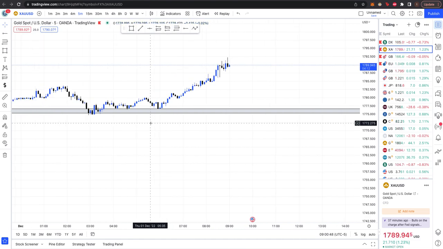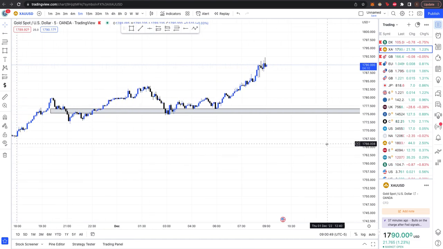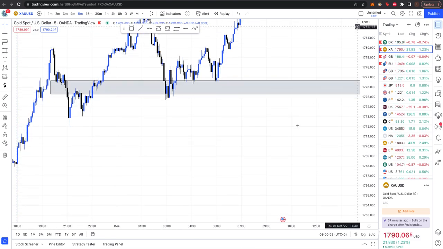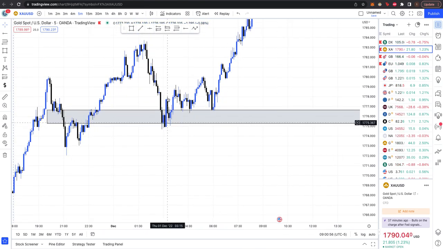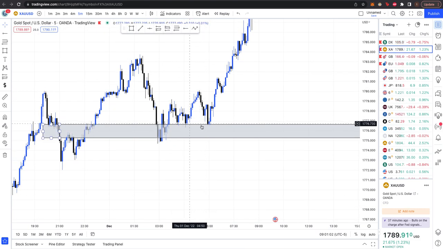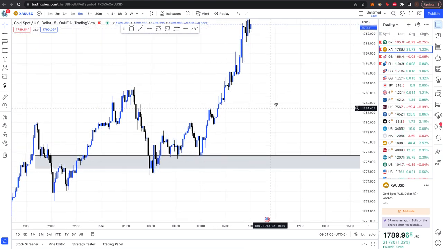And I look and I see price comes down to my level, rejects away, comes back down, pushes away again, continues to fail to break lower, and then it ultimately pushes up, right?